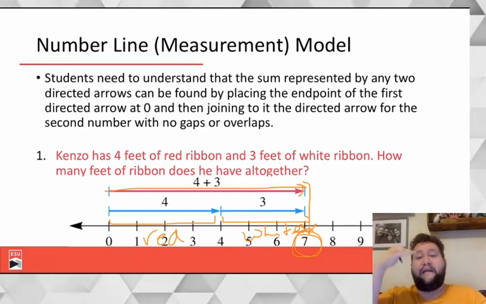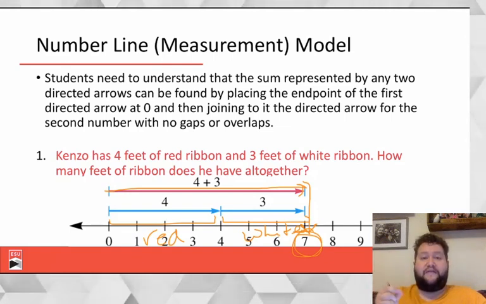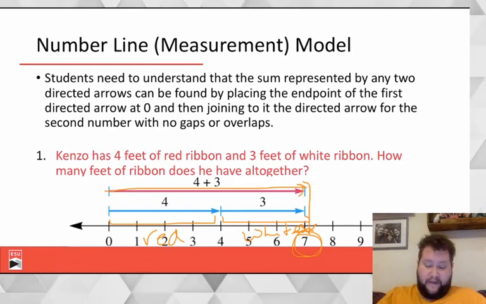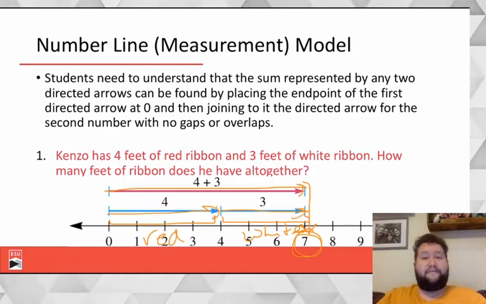But this is another level of abstraction because we're just looking at the numerals and the values they represent, and the fact that addition is their together, their and, right? 4 and 3. So 4 and 3 are 7.